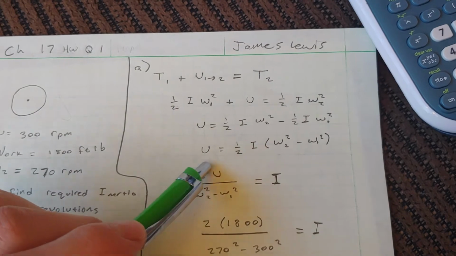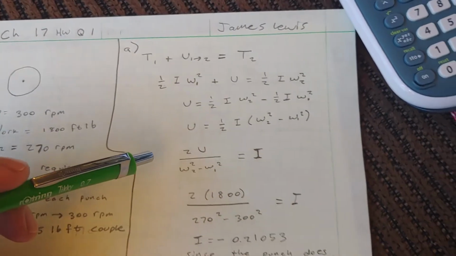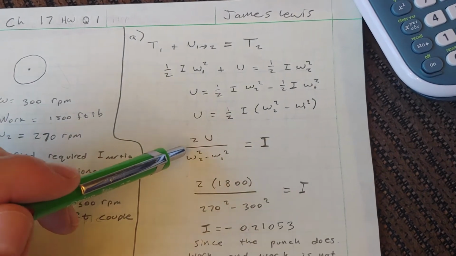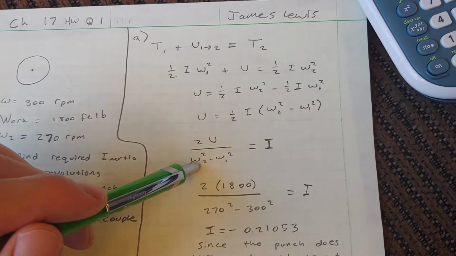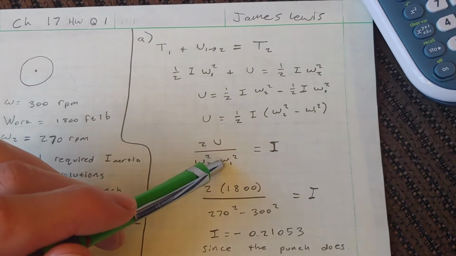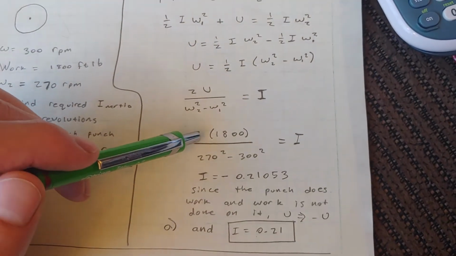After reorganizing everything so we can get inertia just on one side, we end up with 2 times the work over the final angular velocity squared minus the initial angular velocity squared. That is equal to 218.